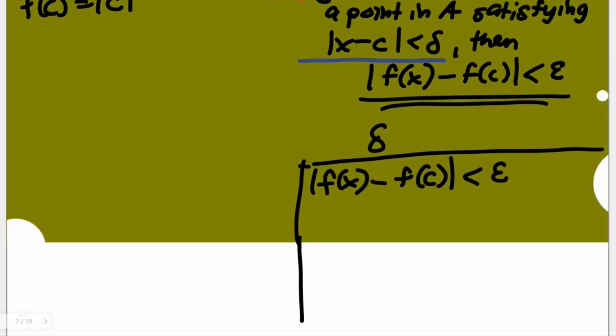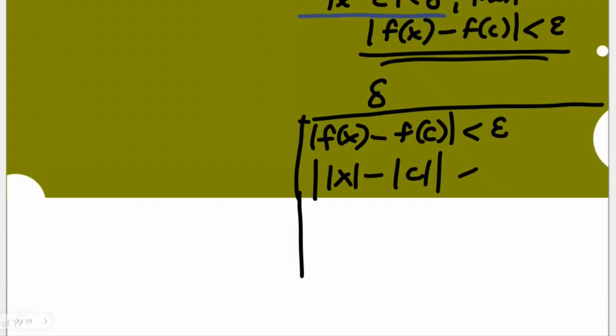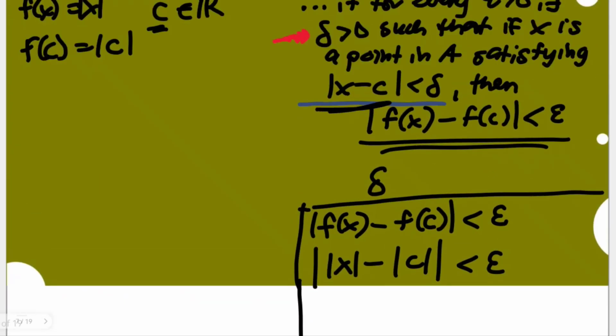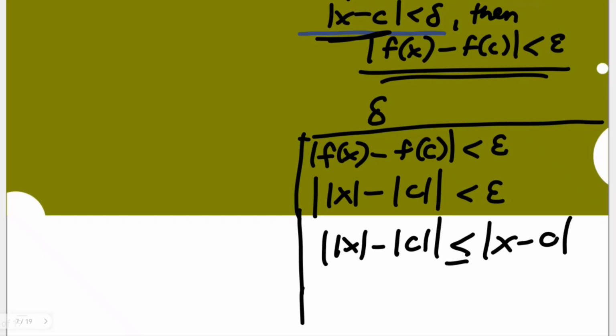I believe this would be very short because we will have the absolute value only of x. So you have the absolute value of x minus the absolute value of c, which is still less than epsilon. Be reminded of the properties of absolute values: the absolute value of the difference of two absolute value quantities is less than or equal to the absolute value of the difference of the quantities themselves.